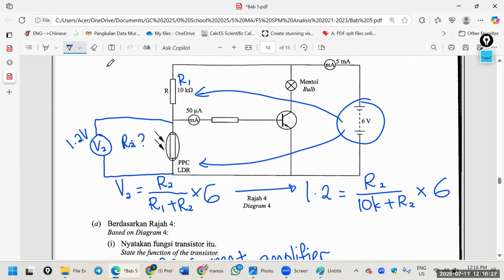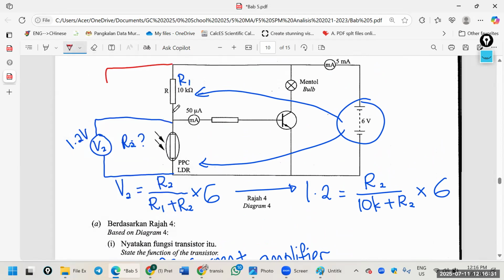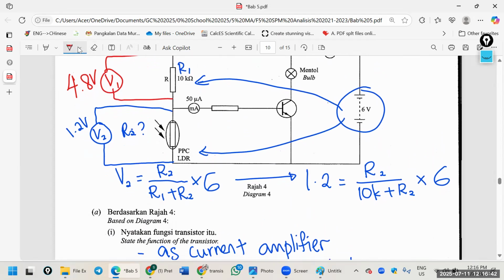Of course, if you feel you don't want this, you can do this. This is 6, so this is 4.8. Can also, up to you. Okay?